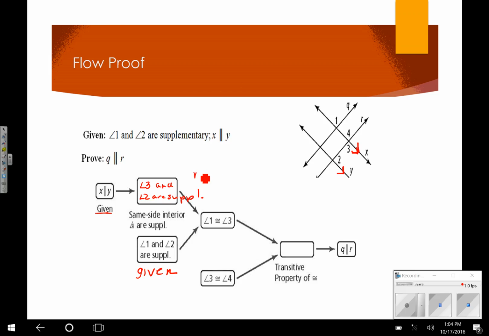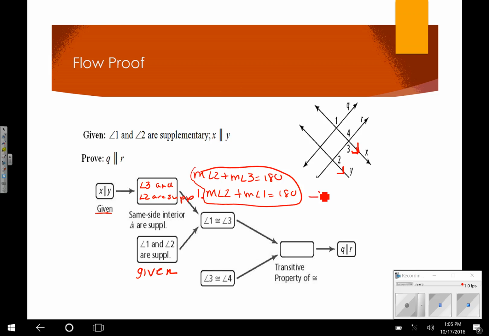So what steps is it giving up? It's giving up that the measure of angle 2 plus the measure of angle 3 is 180, and the measure of angle 2 plus the measure of angle 1 is 180. Okay, and then we would be putting these together. So that's one thing it's given up.